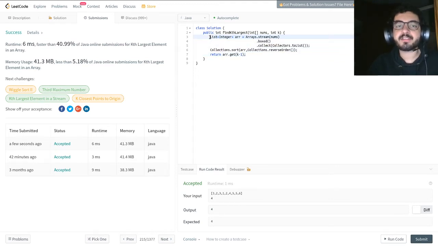This isn't the most brute force approach, but it is still bad. Why is that? Because sorting is n log n.